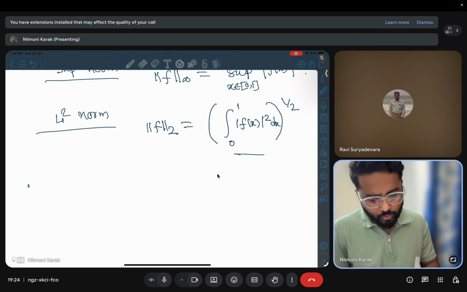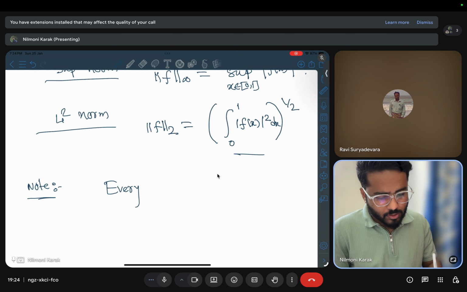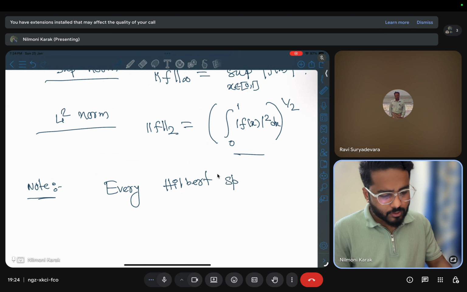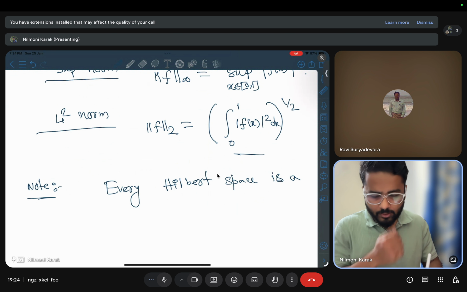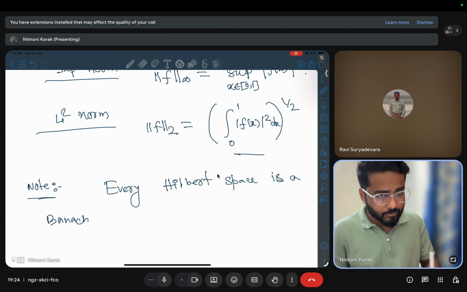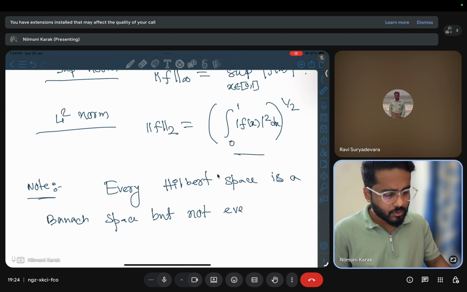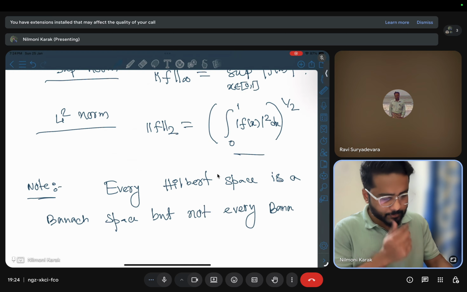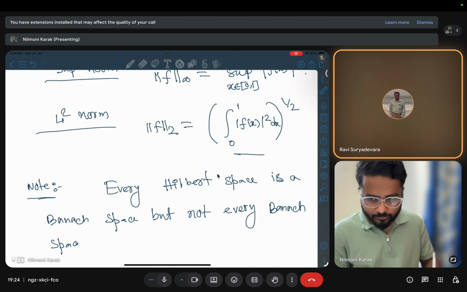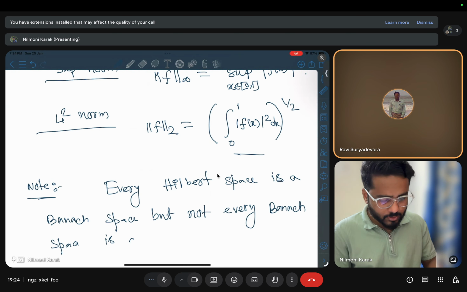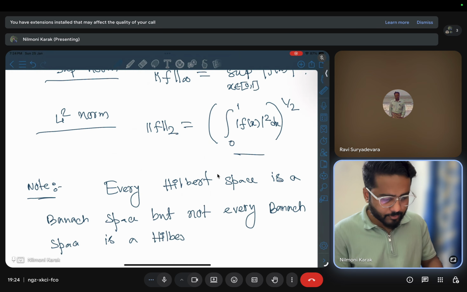Also note one thing: every Hilbert space is a Banach space, but not every Banach space is a Hilbert space.